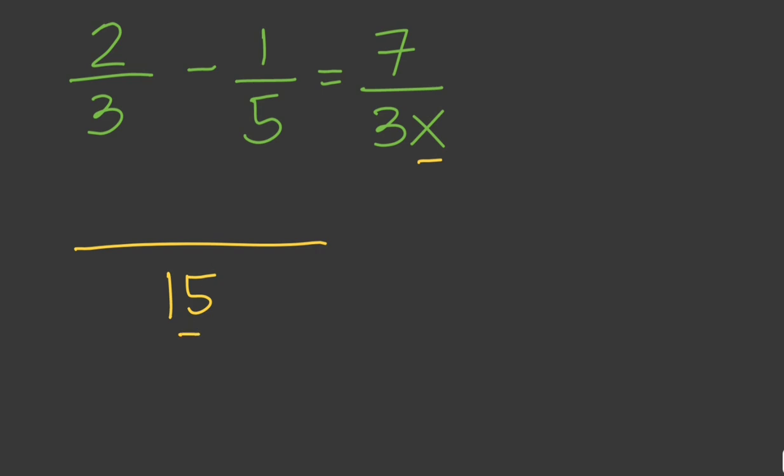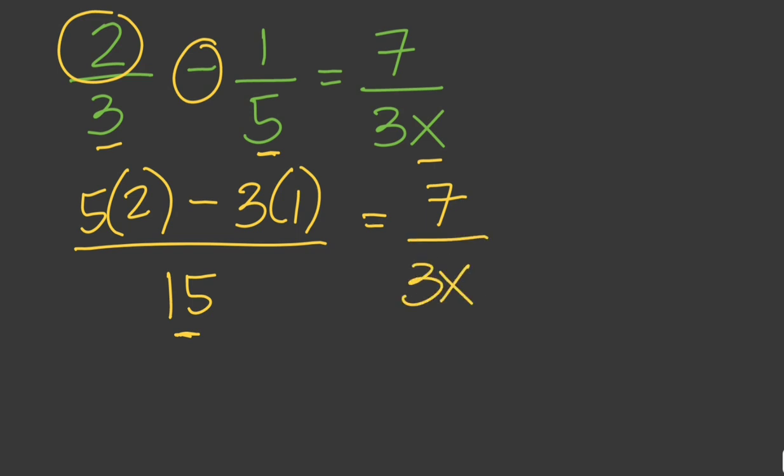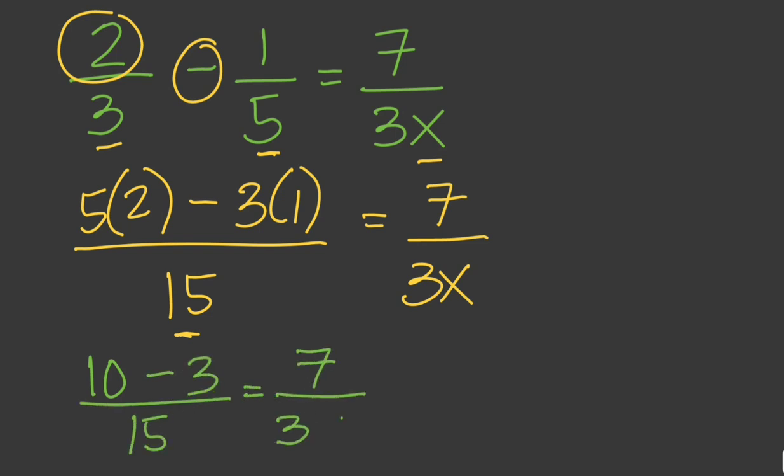So that would be 15 divided by 3 is 5, times the numerator, this one, 2, and then copy the operator sign minus, and then we do the same thing here. 15 divided by 5 is 3 times 1 equals 7 over 3x. Then we simplify. 5 times 2 is 10 minus 3 over 15 equals 7 over 3x.